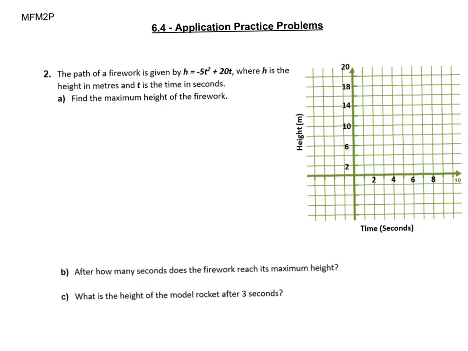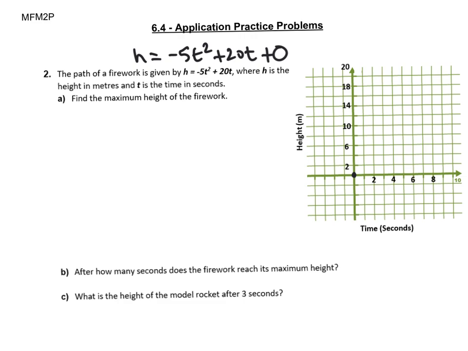Well, note there is no c value, or the c value is 0 in this equation, which means that we are setting this firework off from the ground. Okay, so our y-intercept is 0, 0. So h is 0 when t is 0.